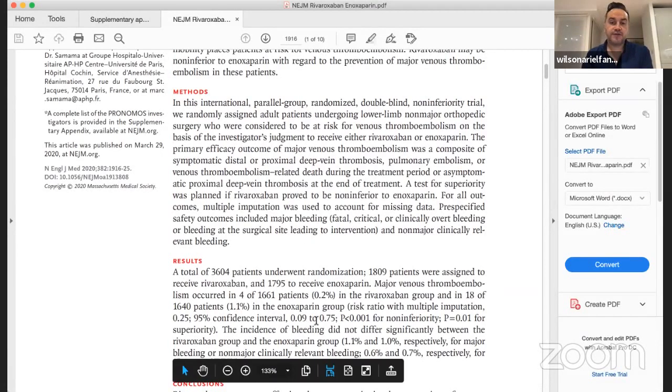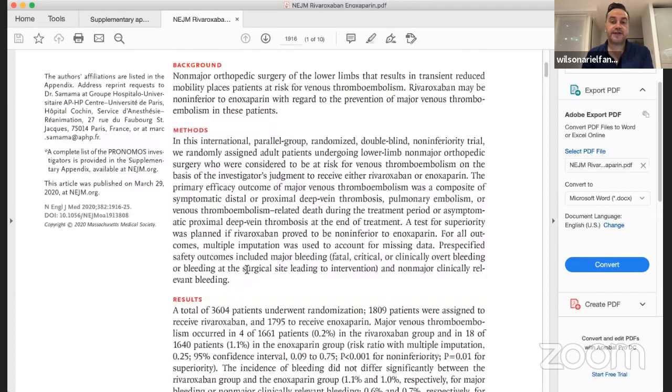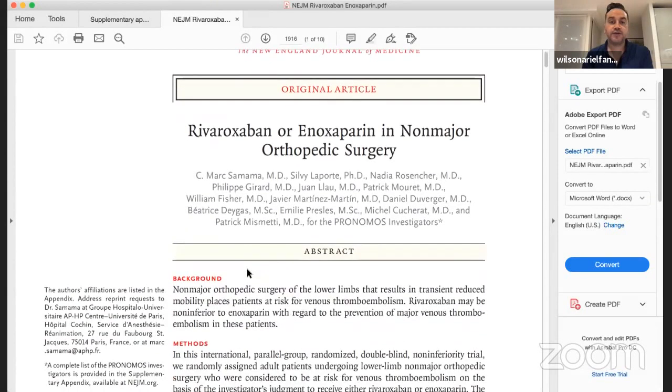So it was a multi-center non-inferiority trial, double-blind, randomized with parallel groups. It's a massive trial, so I thought it might be interesting to use this example.